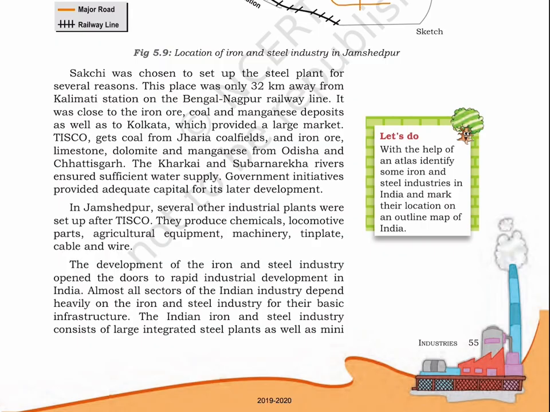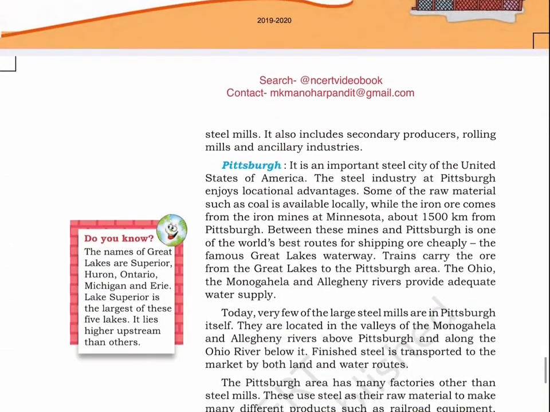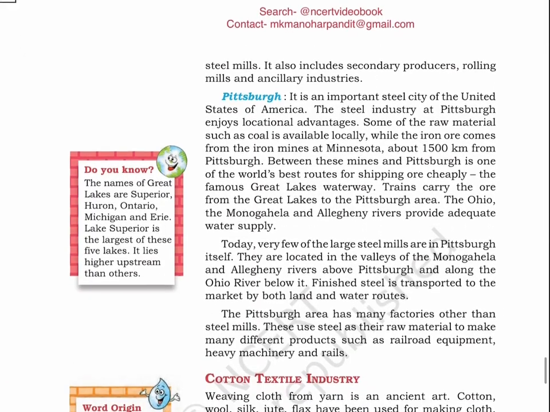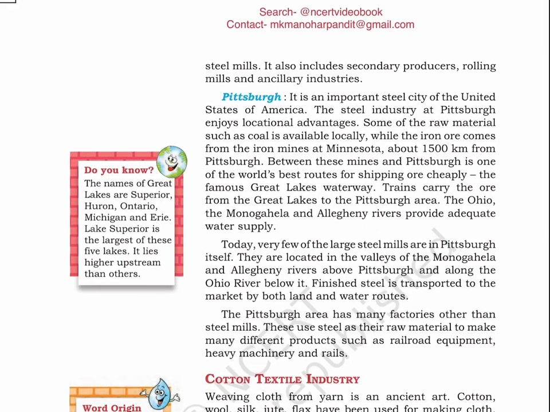Almost all sectors of the Indian industry depend heavily on the iron and steel industry for their basic infrastructure. The Indian iron and steel industry consists of large integrated steel plants as well as mini steel mills. It also includes secondary producers, rolling mills and ancillary industries.